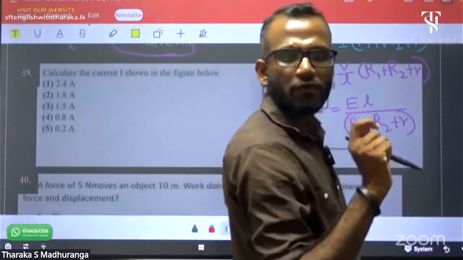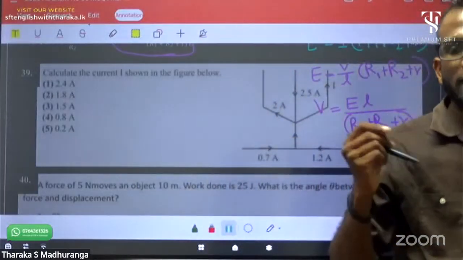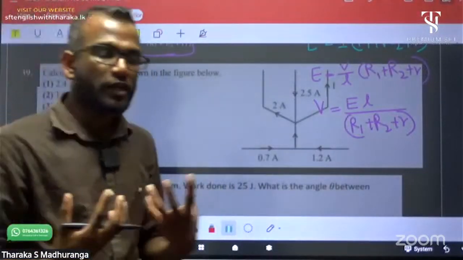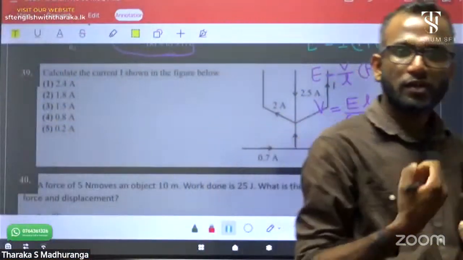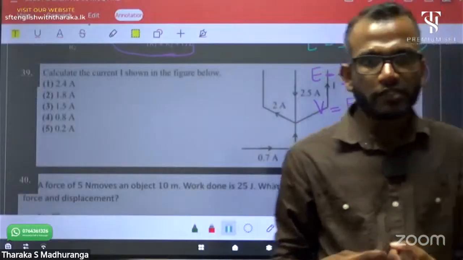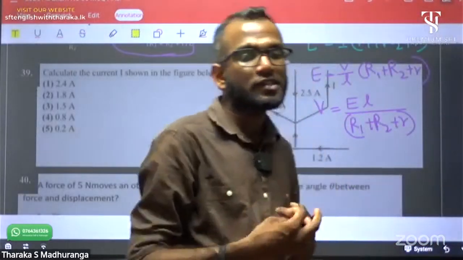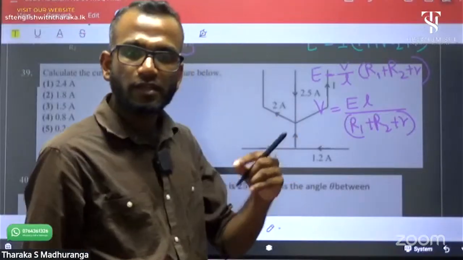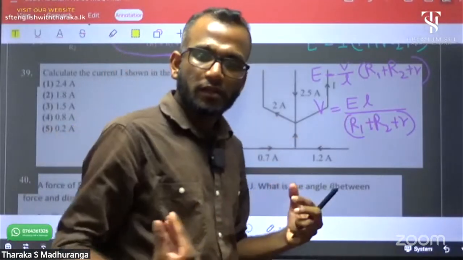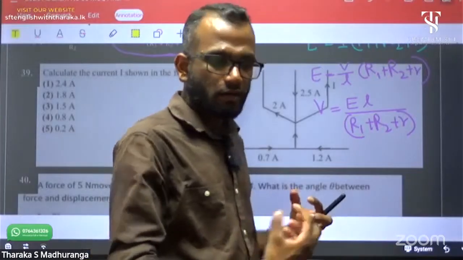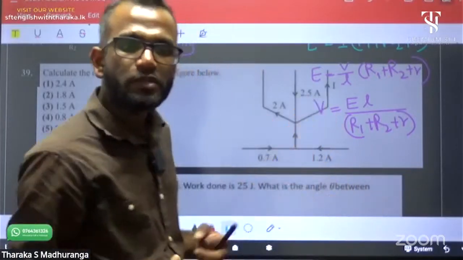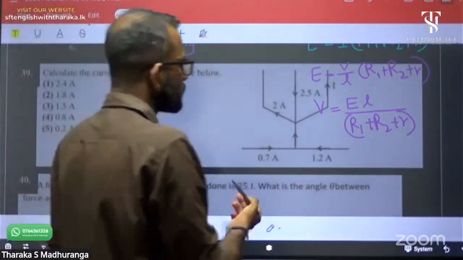What's Kirchhoff's first law? Kirchhoff's first law explains charge conservation, or current conservation. In a junction of any circuit, the incoming current to the junction is equal to the leaving current. That's Kirchhoff's first law.